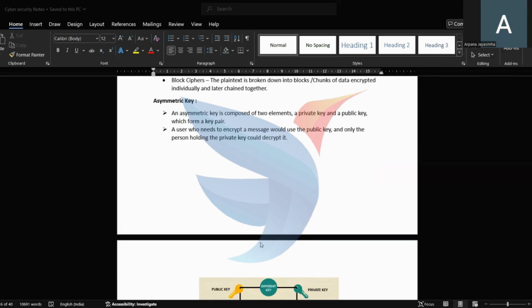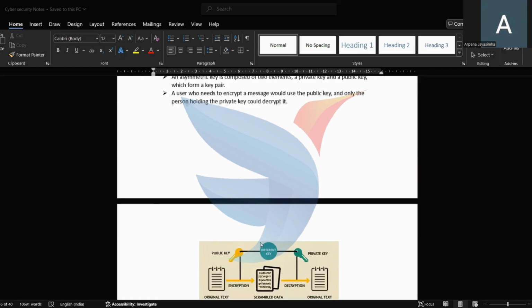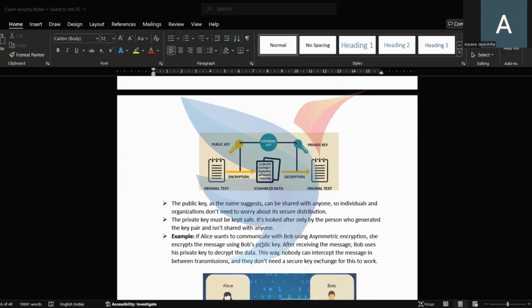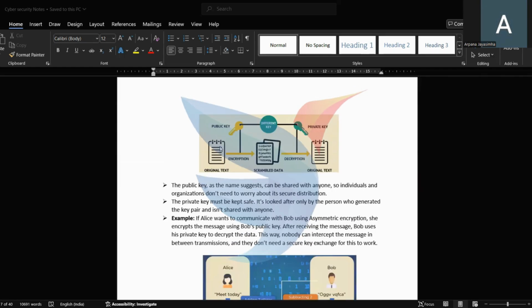An asymmetric key is composed of two elements, a private key and a public key, which form a key pair. A user who needs to encrypt a message would use the public key, and only the person holding the private key could decrypt it. The public key, as the name suggests, can be shared with anyone.